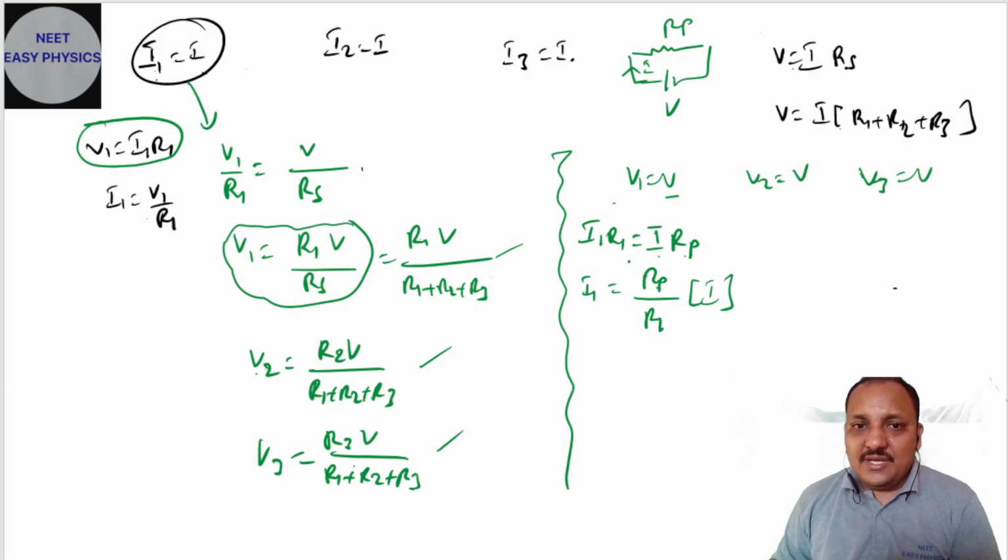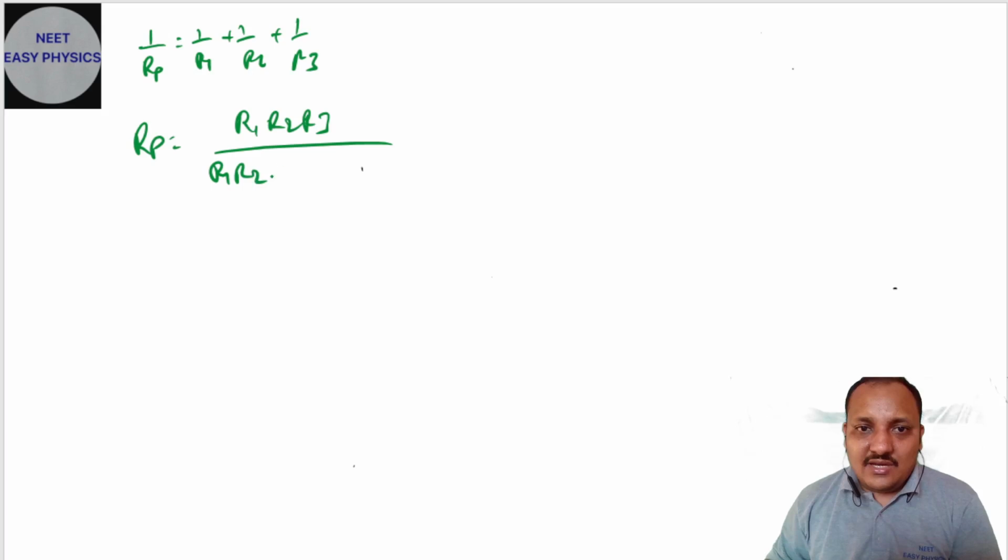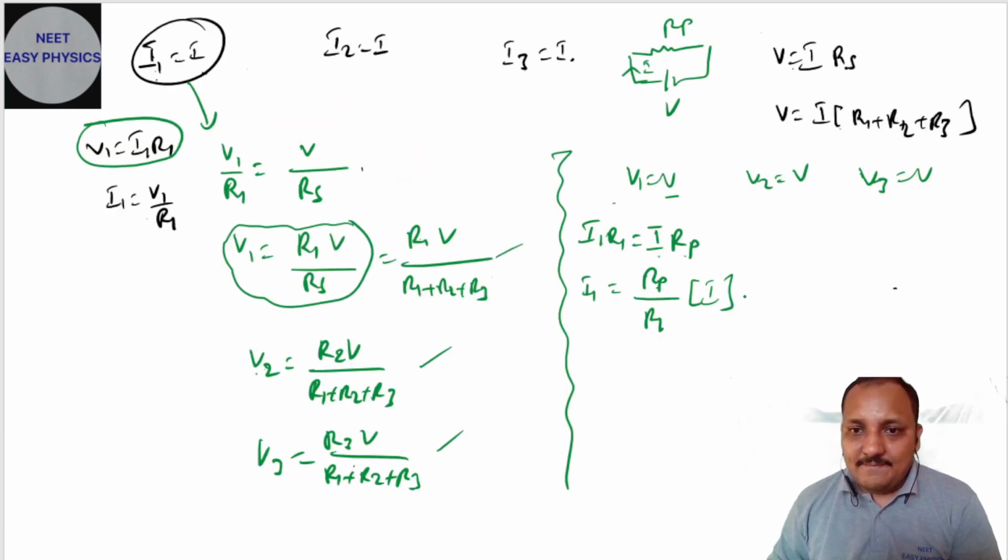Now what is Rp? When three resistors are connected in parallel, what is the resultant resistance? 1 by Rp is equal to 1 by R1 plus 1 by R2 plus 1 by R3. So from this, Rp is R1 R2 R3 by R1 R2 plus R2 R3 plus R3 R1. This one we have to substitute here: I by R1.